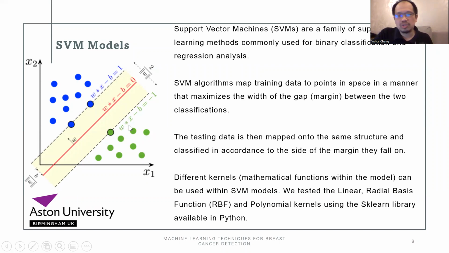The SVM itself has three variations: the linear, as you can see in this case, the RBF radial basis function based on mathematical models, and polynomial kernels.